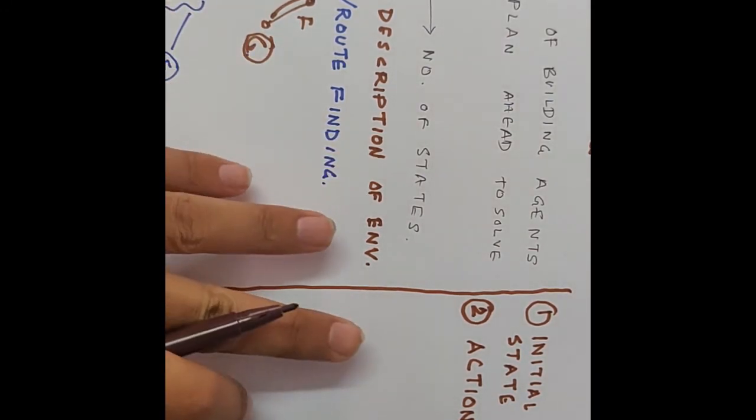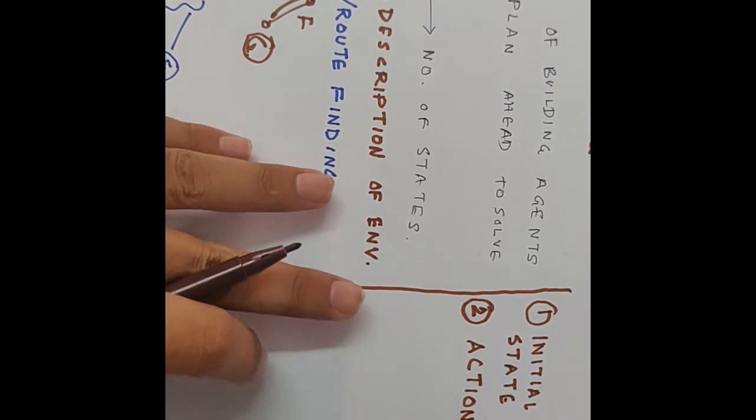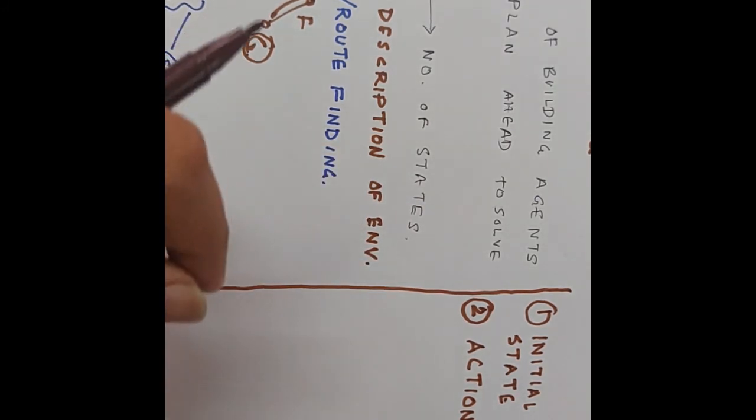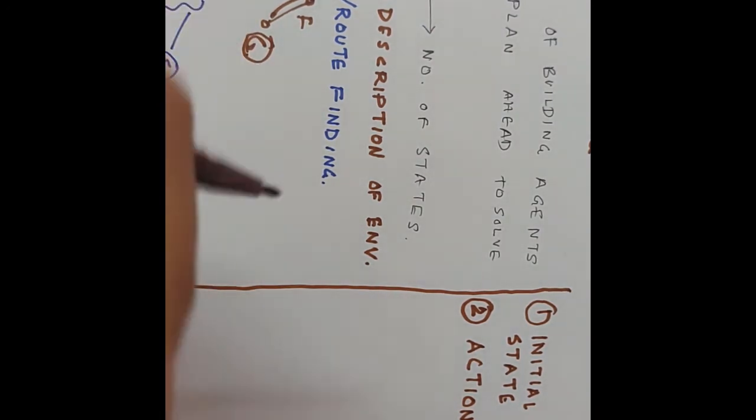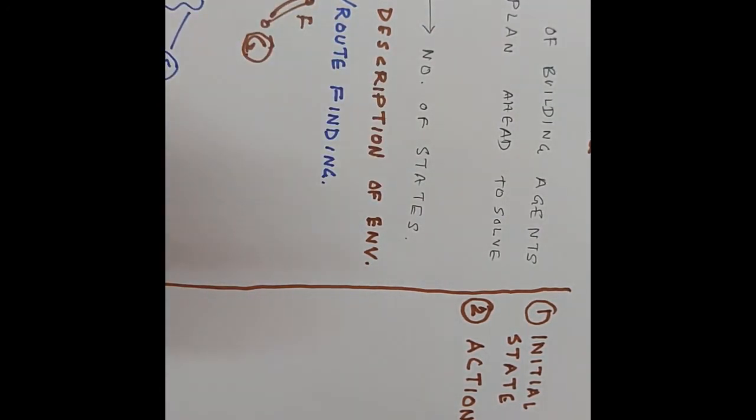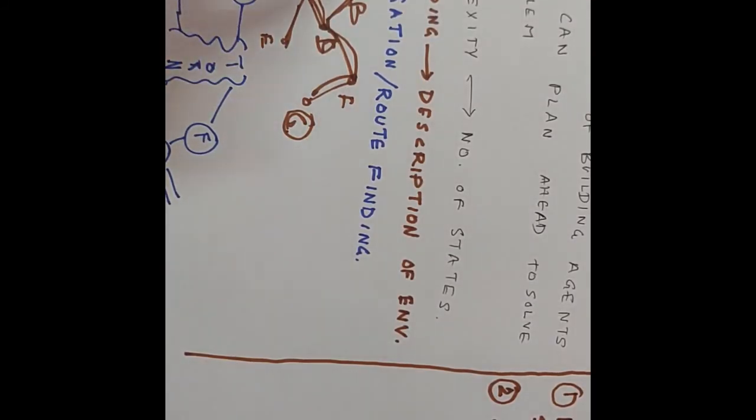Now, mind it, in some problems the agents will have the same actions available in all states. We will come across some problems like that. While in some other problems, at different states, different sets of allowable actions will be there. For example, come to this route finding problem.